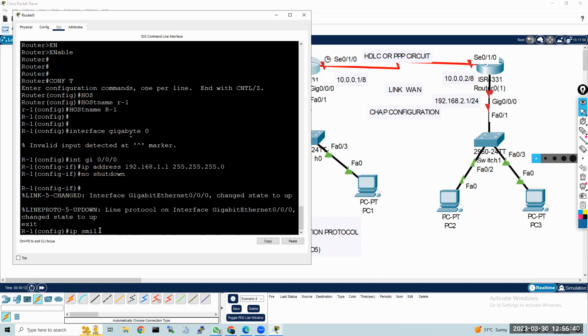Serial interface. Serial 0/... Interface serial, type INT, not IP.